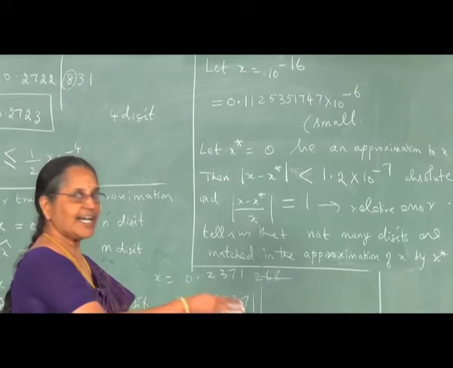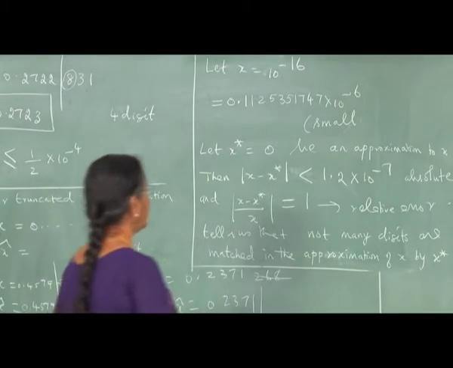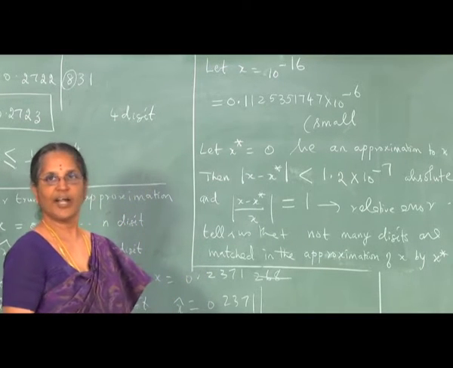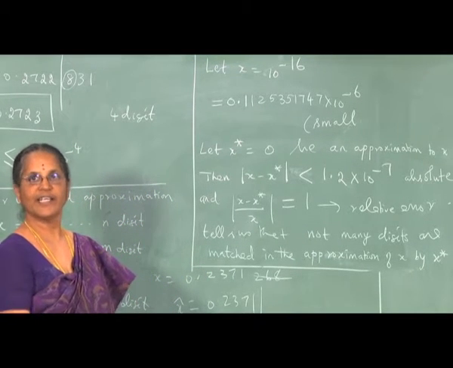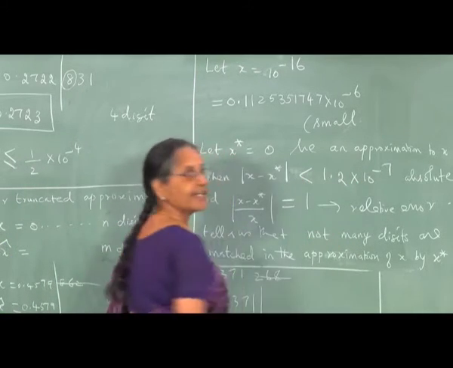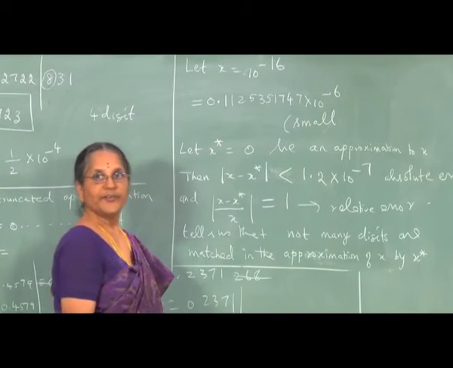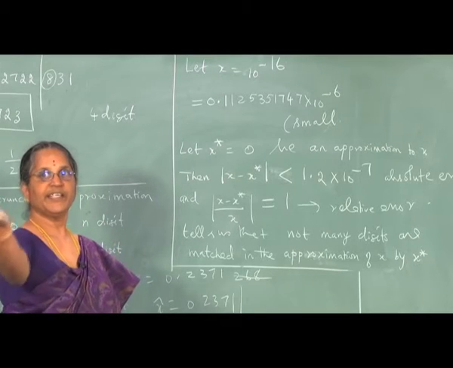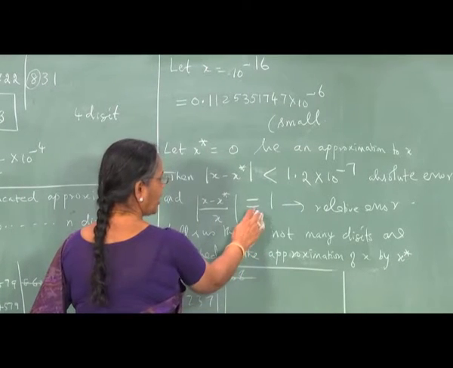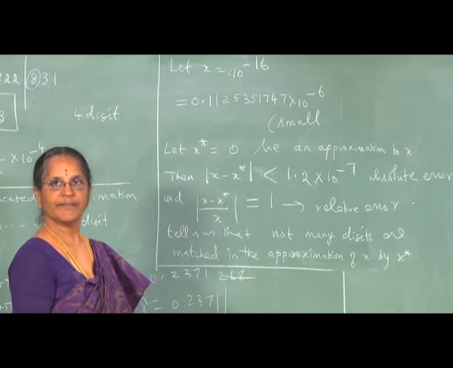So, your x star and x are not matched. Namely, many of the digits in x and x star are not matched with each other. That is what the relative error tells. Whereas, when you look at the absolute error, it says the difference is very, very small. So, it looks as though many of the digits are matched, whereas that is not true, as shown by the information from the relative error.